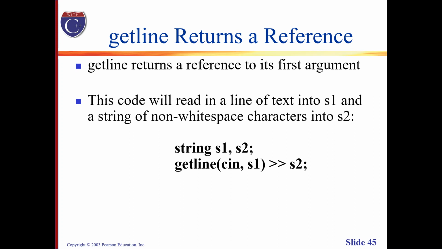This code will read in a line of text into s1 and a string of non-white space characters into s2, such as this one. Take note that doing so will return cin, which would expect an input from this variable, which is actually returning a reference to the first argument.